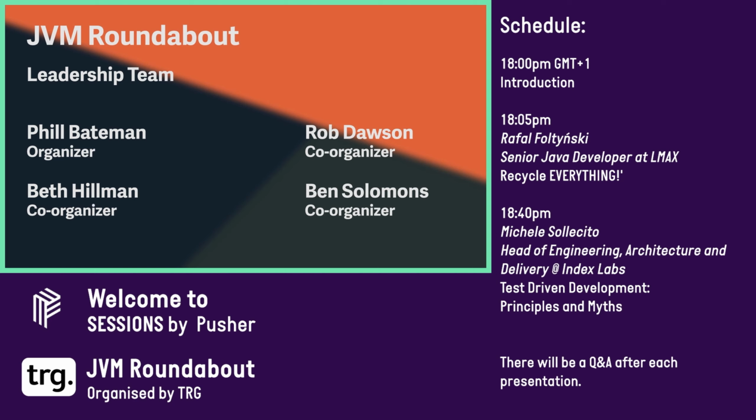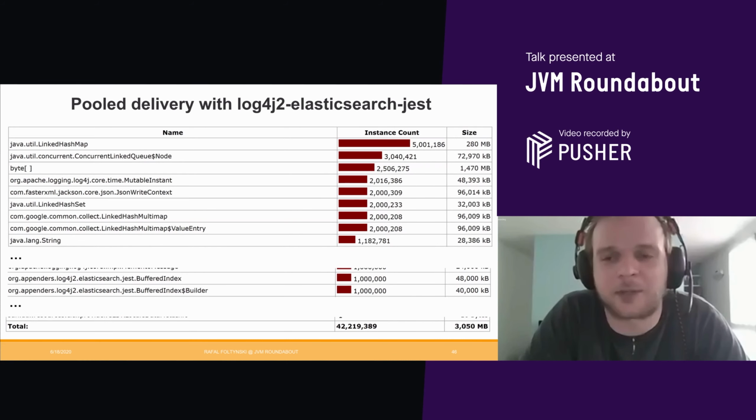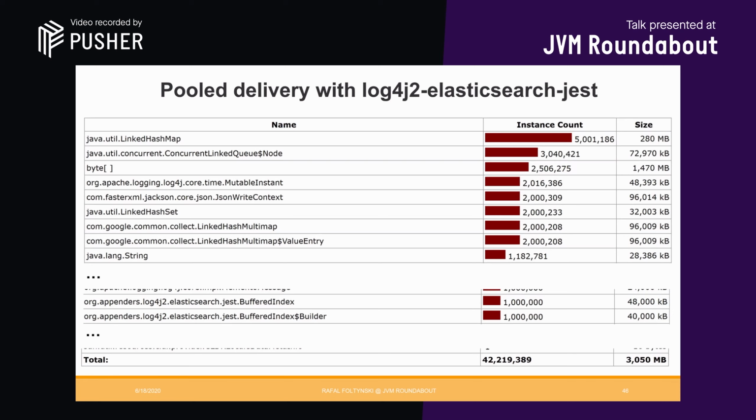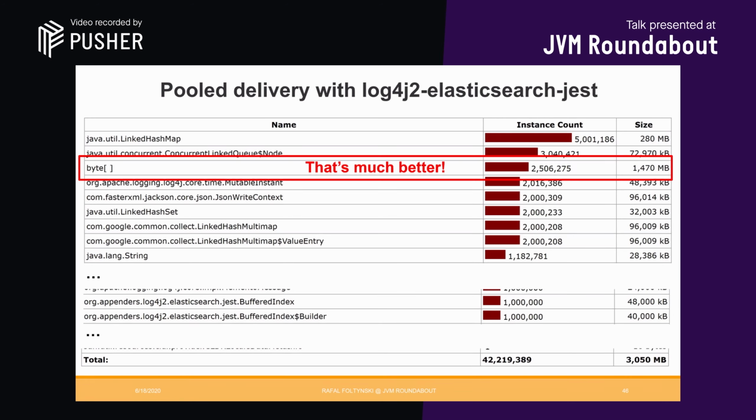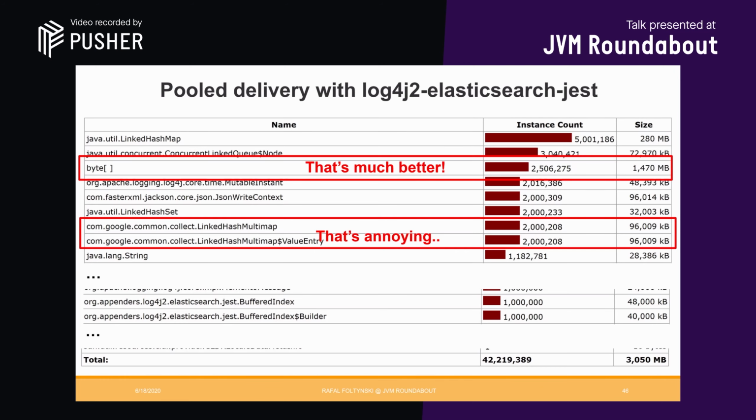Also, the total number of created objects dropped from 240 million to 42 million, which was still a lot. And the actual amount of bytes dropped from 13 gigabytes to 1.4, which is much better. But some Jest code was still annoying.